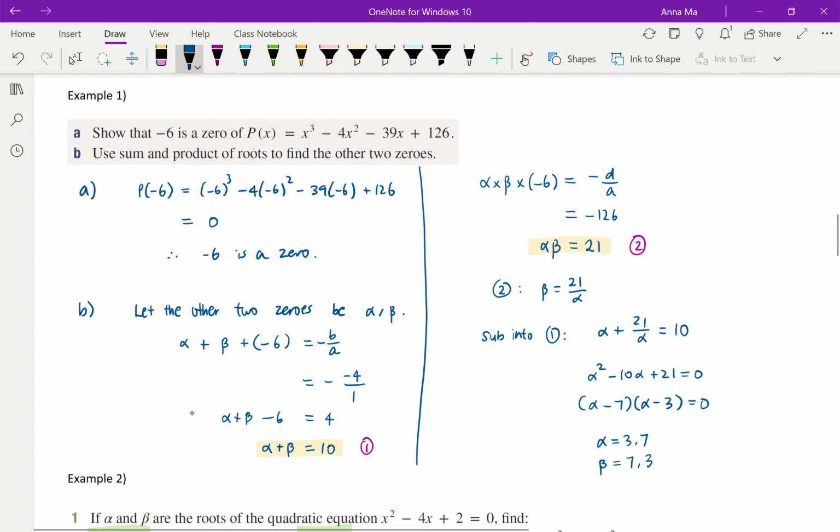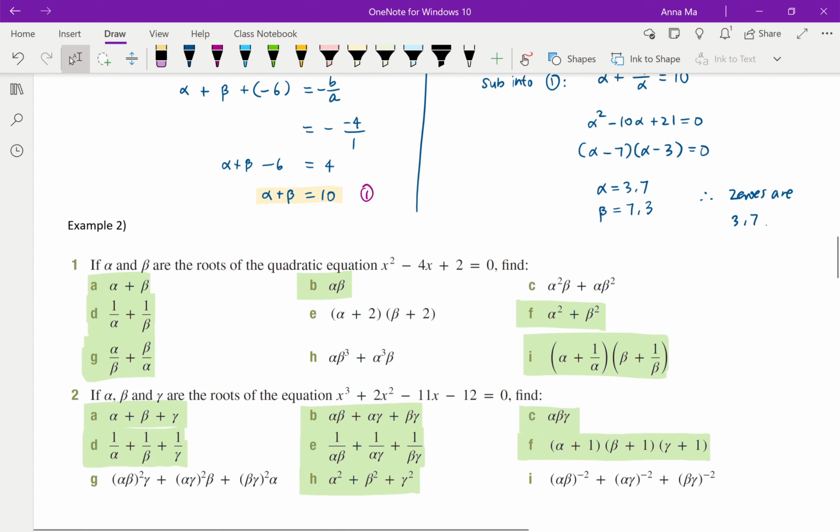So therefore, zeros are 3 and 7. So see how I didn't have to use long division, the factor theorem or whatever to find the other two zeros? The benefit of using sum and product of zeros is that sometimes it reduces the algebraic steps significantly.